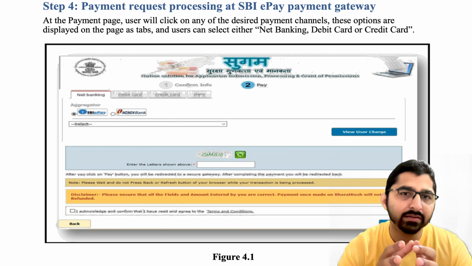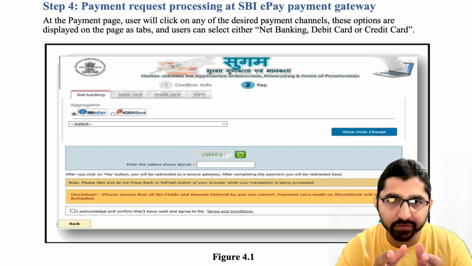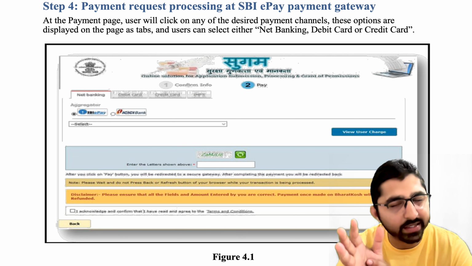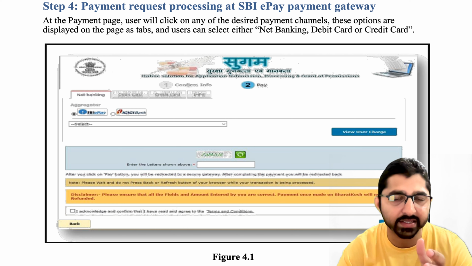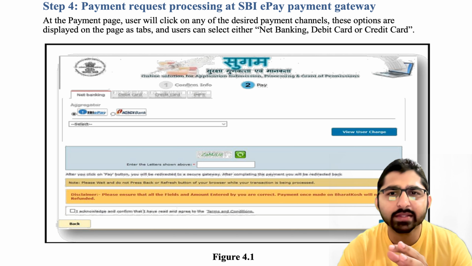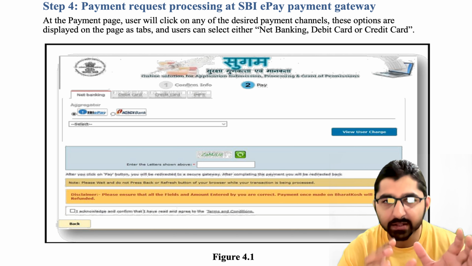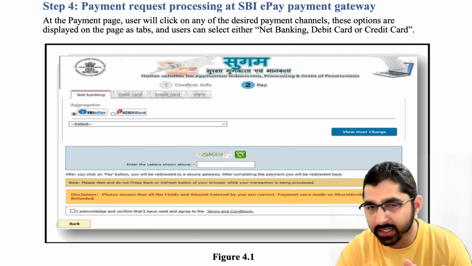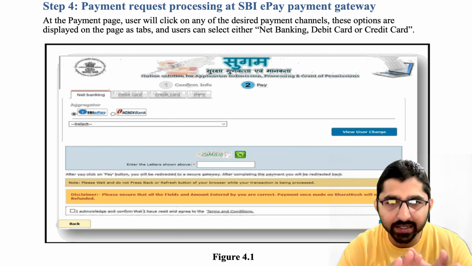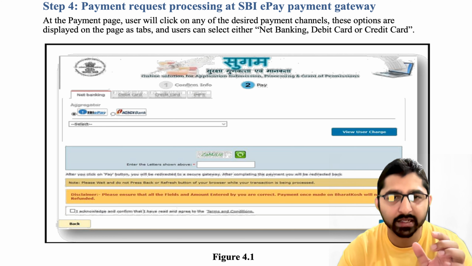The moment you click the SBI payment gateway, there are 4 options: net banking, debit card, credit card, and IMPS. Now you select net banking, let's say, view the user charge you will get, then put the captcha code. Now put the tick that you acknowledge and comply with all the requirements. Then you select the pay button.